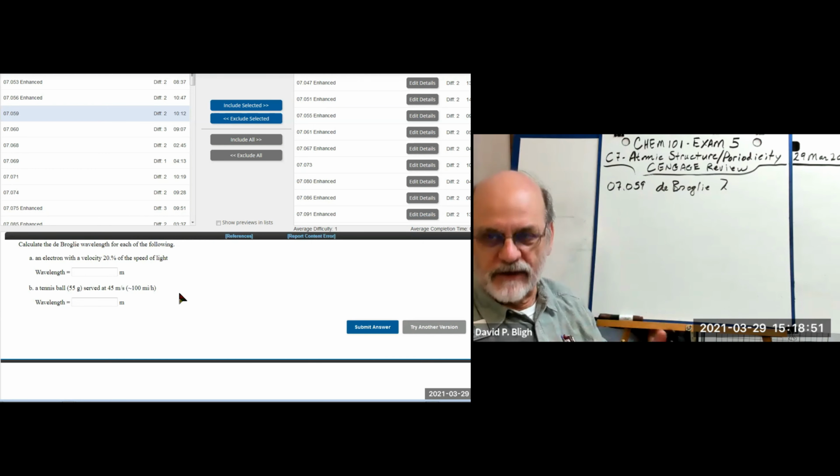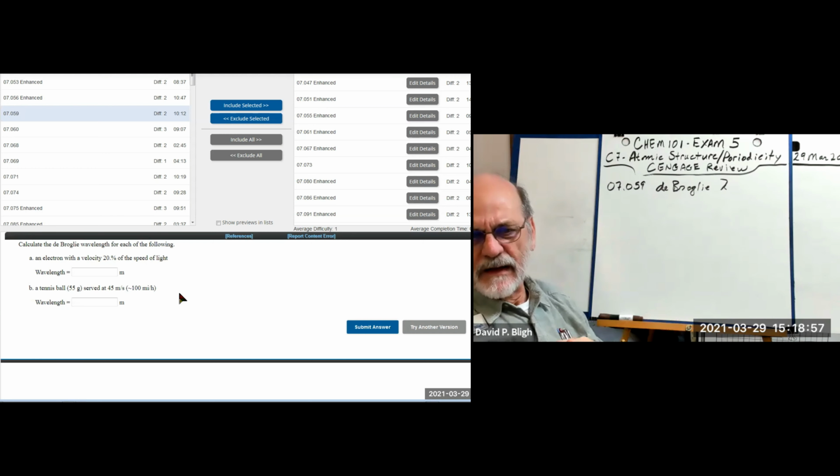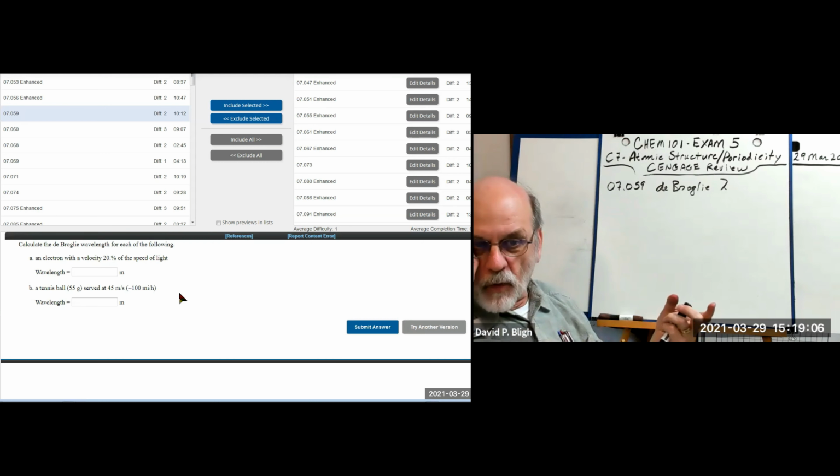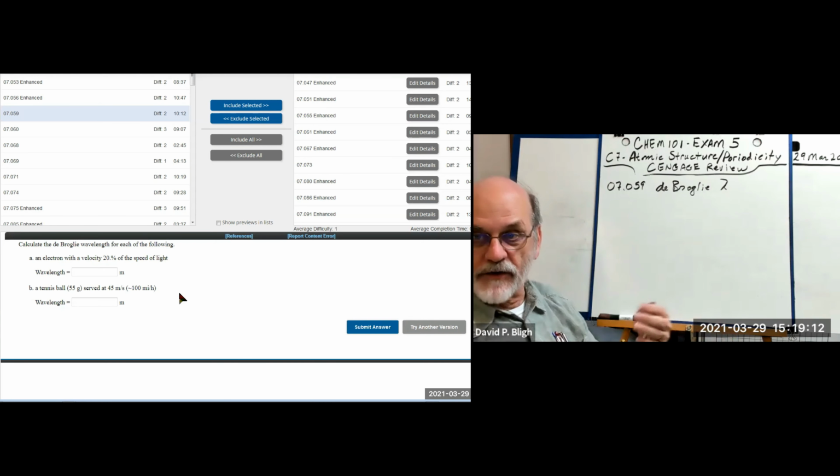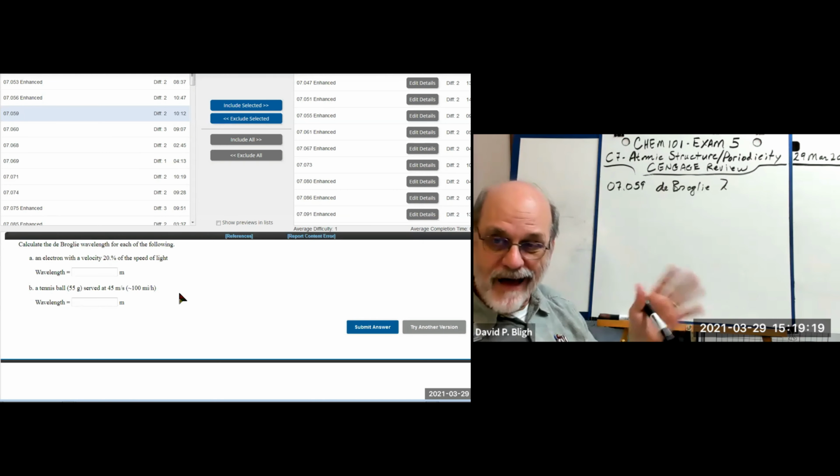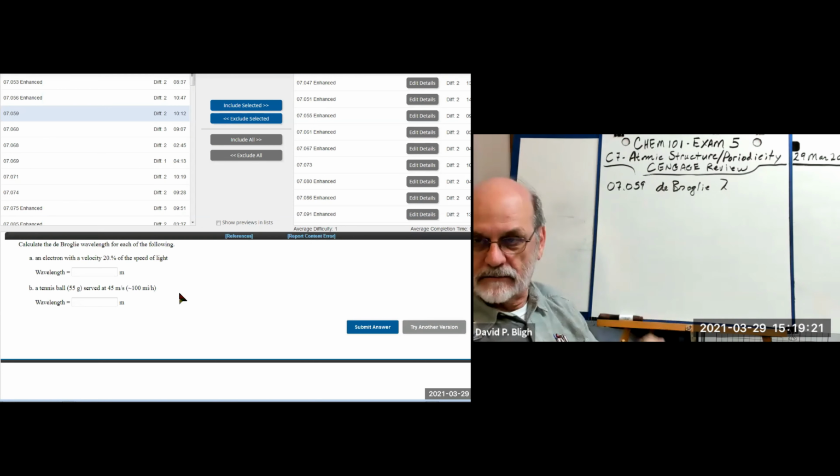The equivalent wavelength. So you never thought of yourself as having a wavelength, did you? Well, actually, it's all relative, as Einstein would say. What are you comparing the speed of light to? What are you comparing the speed of the tennis ball to? On the surface of the Earth, believe it or not, each one of us is moving at about 1,000 miles an hour.